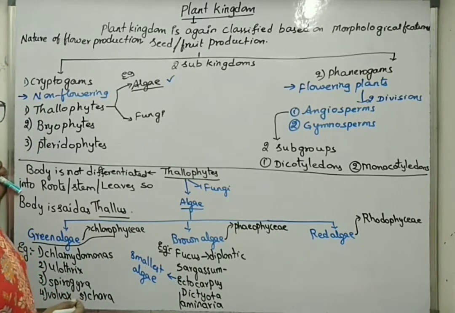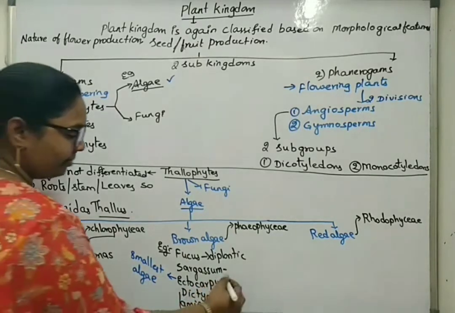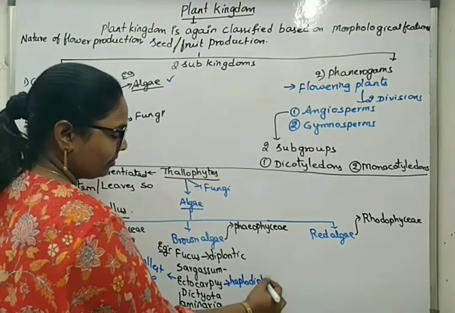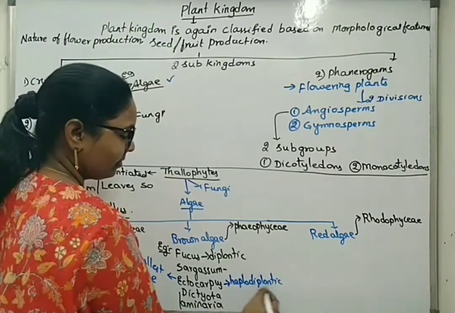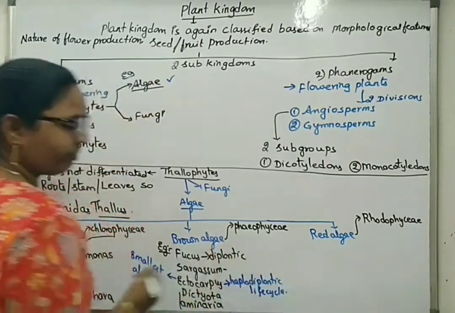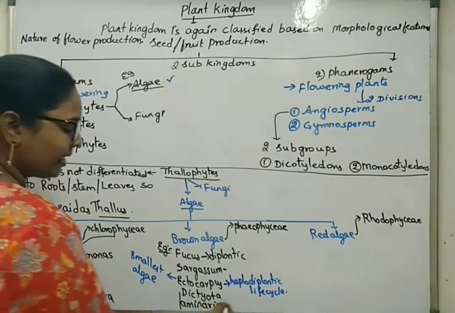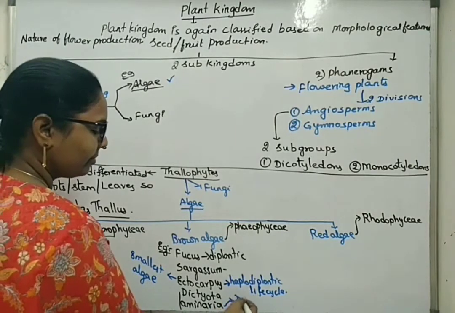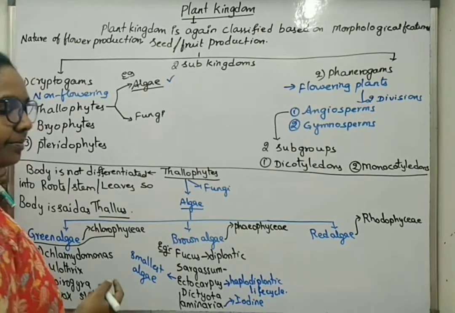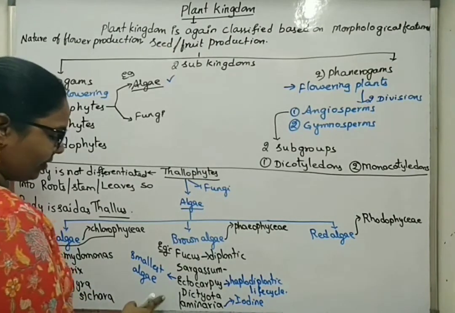Ectocarpus is also said to exhibit a haplodiplontic life cycle. Laminaria is said to produce iodine. So these are a few examples.